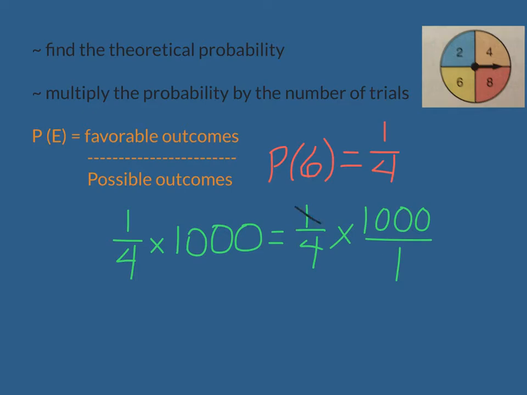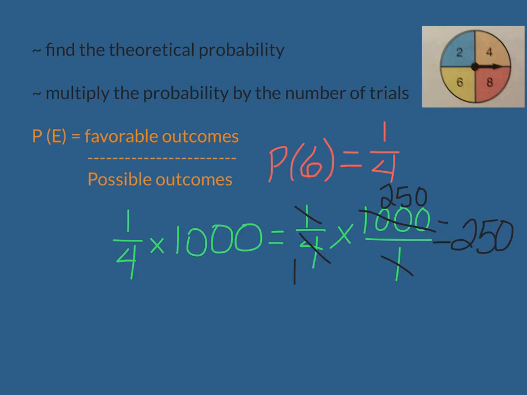Our 1s stay 1s, and 4 cancels to 1, and 1,000 to 250. So we're left with all 1s except for this 250. Based on that probability, we would predict that the spinner would land on 6 about 250 out of 1,000 spins.